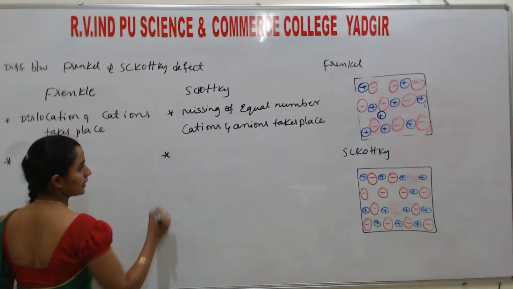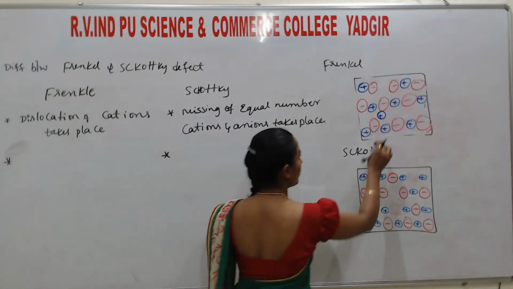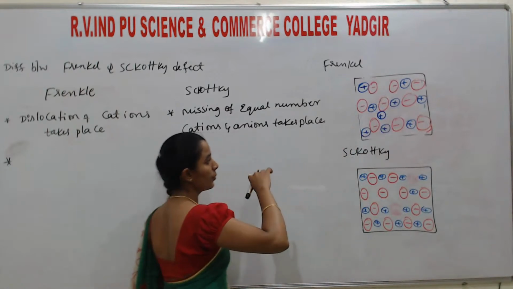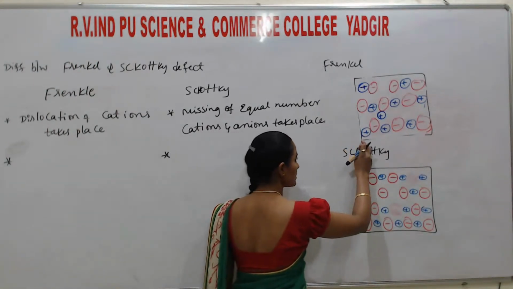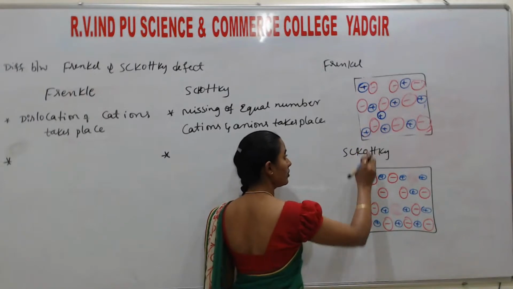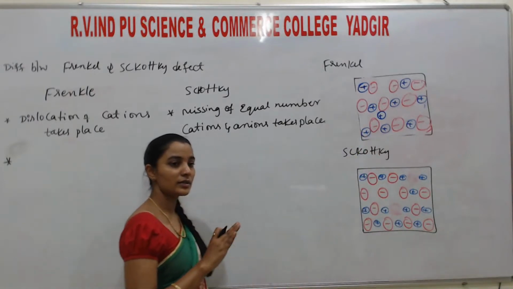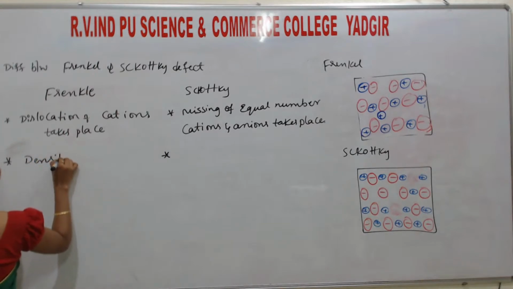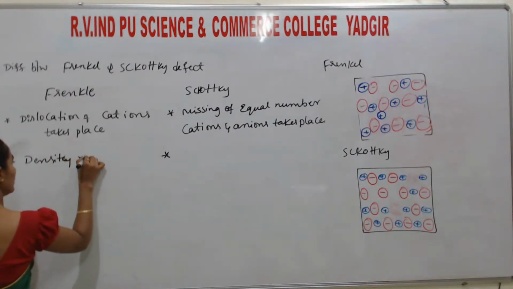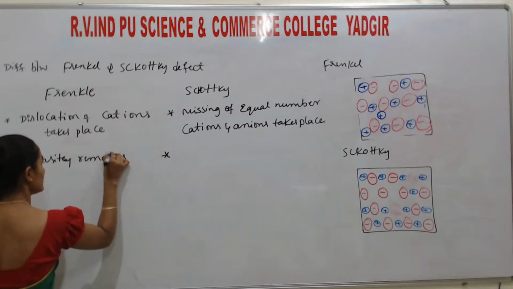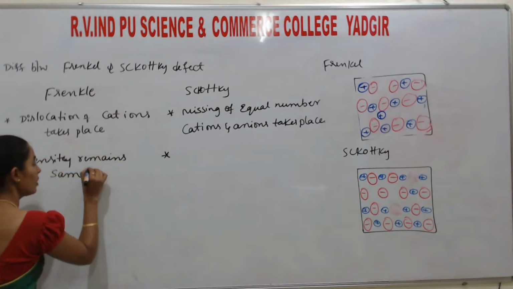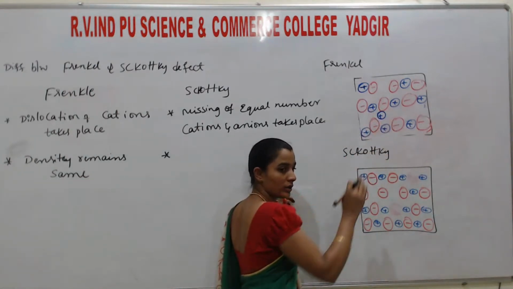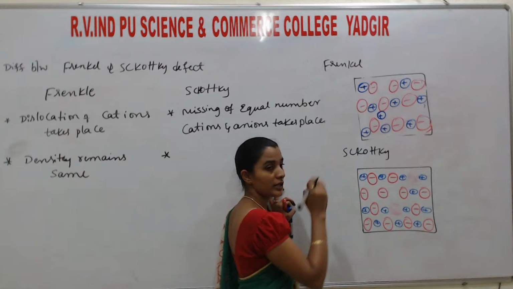Okay, so next, if we consider density, due to only the interchange of ions from one position to another position, the number of ions present per unit cell or in a crystal remains the same. So that's why here density remains the same. Why does the density remain the same? Only dislocation of ions takes place from one position to another position, not missing nor addition.